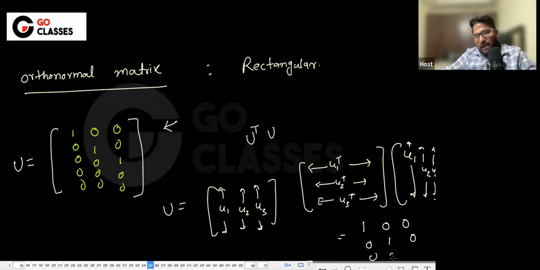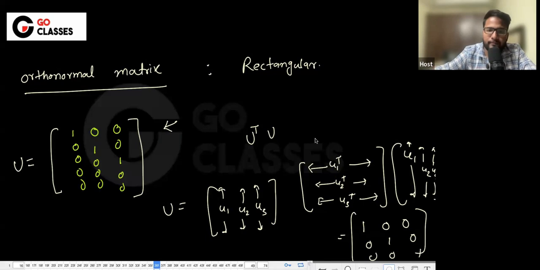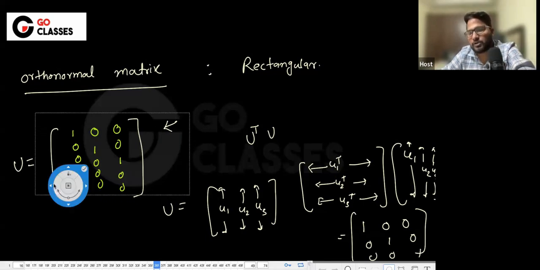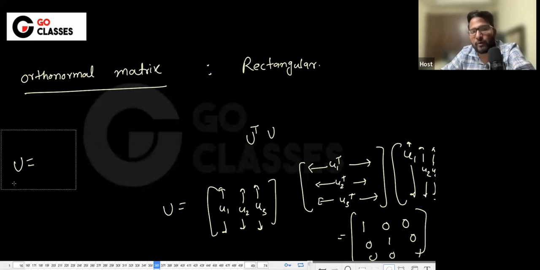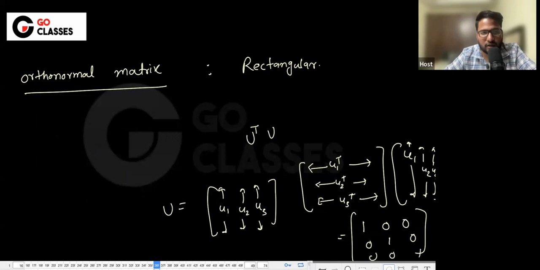So this is the identity matrix. U transpose U is actually the identity matrix. Understood? Now, what about U U transpose? Is this also identity? The answer is no, actually. U U transpose is not identity if it is a rectangular matrix. If it is not rectangular, then yes, both are identity.